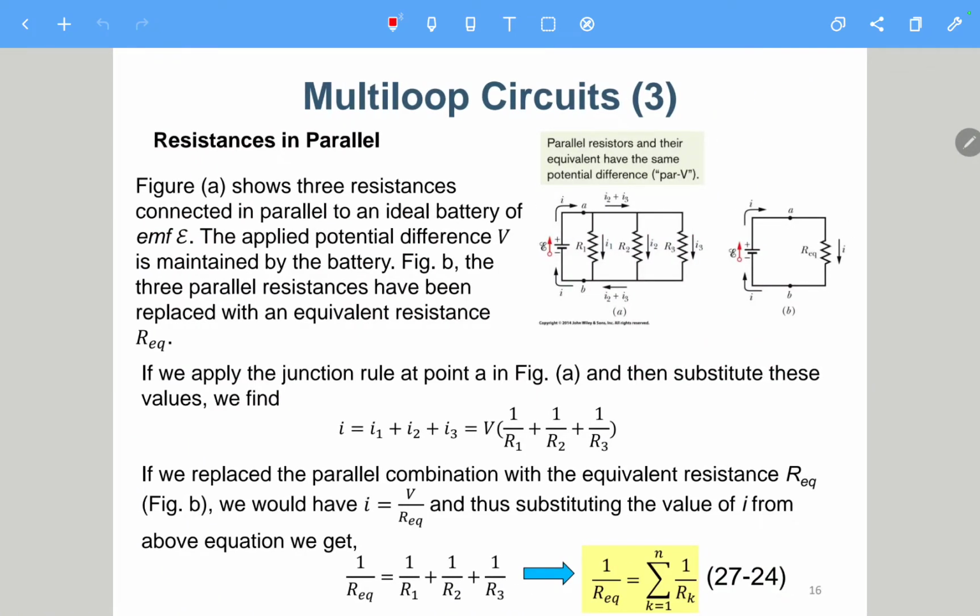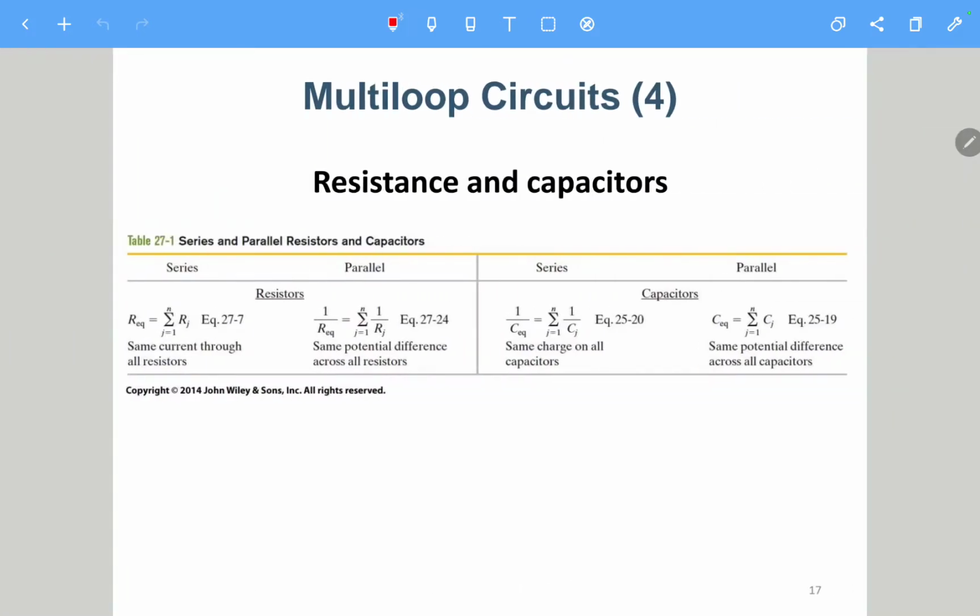Okay. So here we talk about the multi-loop circuit, where we have a battery and R1, R2, R3 in parallel. So we can have the parallel equivalent resistance, which is like we take the reciprocal of the resistances, add them together, and then take the reciprocal again. So this is nothing special.